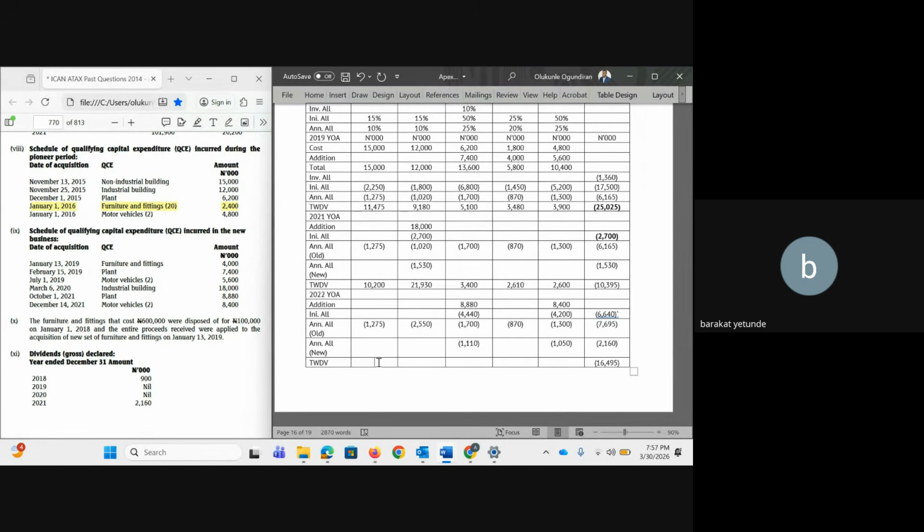It's 925. Furnitures and fittings 1,740. Just tell me, second one or third one. I can't see the name here again. Second one, 1, 2, 3, 4. 19380.